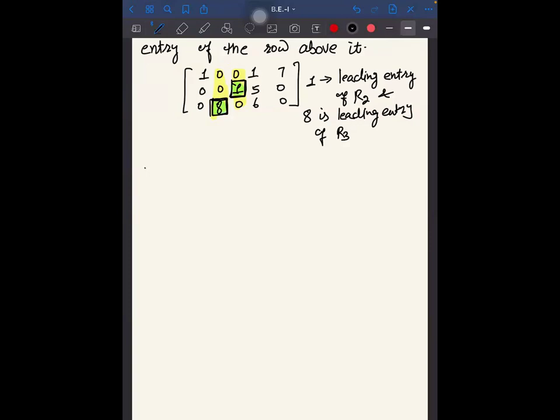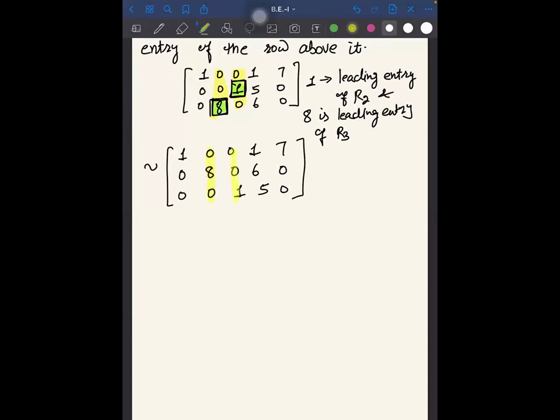Yeah. So what are you going to do? You will simply apply a row operation over here. That will give you 0 8 0 6 0 0 0 1 5 0. Yes. Now since you have changed it, you can see that these are your leading entries. अब देखो, अब जो नीचे वाला row है, so let's say this one.